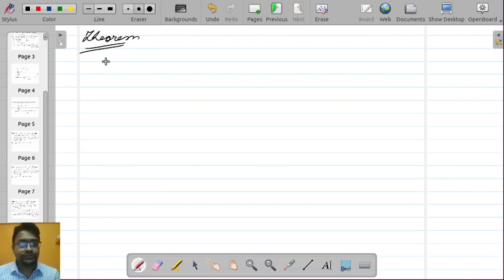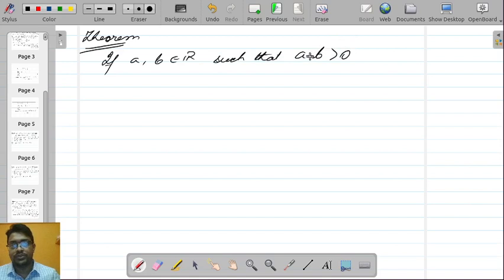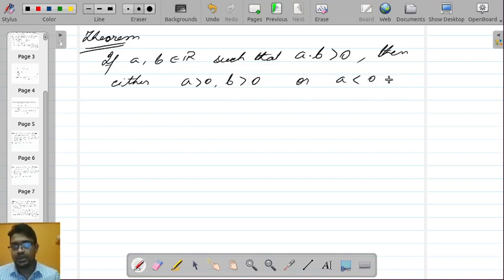The theorem is, if a, b belongs to R such that a into b is greater than 0, then either a is greater than 0, b greater than 0, or a less than 0 and b less than 0.